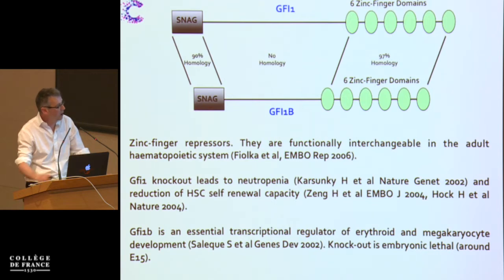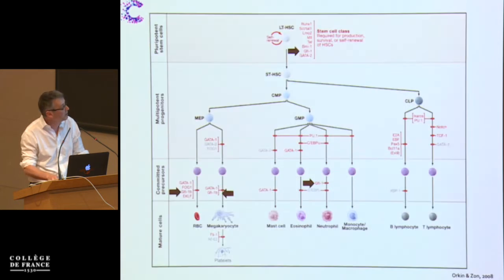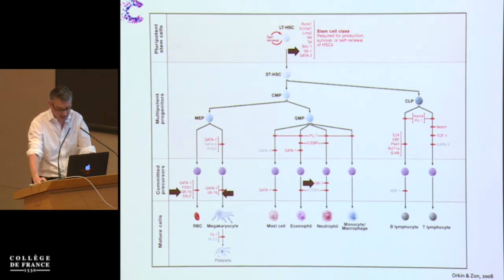These mice die during gestation at E14.5 to E15. If we put this on the hematopoietic tree, GFI1 is important in neutrophil development and hematopoietic stem cell self-renewal, and GFI1b is very important for red blood cell and megakaryocyte development.